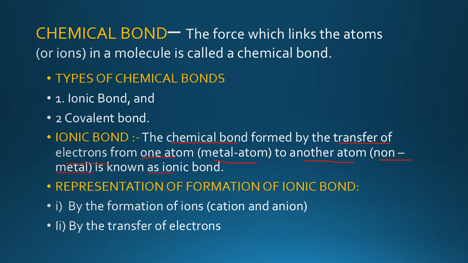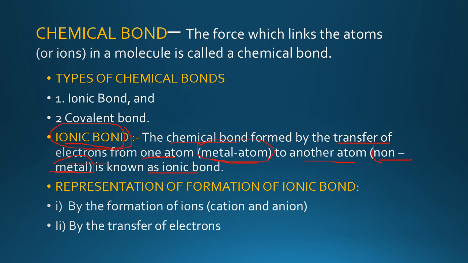That means for the formation of an ionic bond, the basic condition is that the combining atoms must be a metal atom and a non-metal atom. Then only can we call the bond formed an ionic bond, or we can say an ionic bond can be formed only between a metal atom and a non-metal atom.